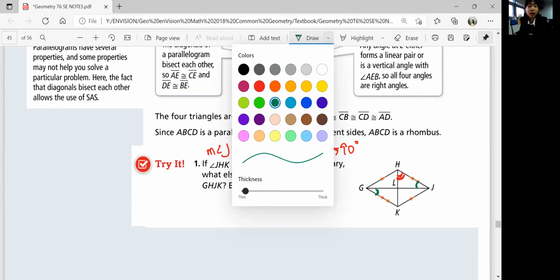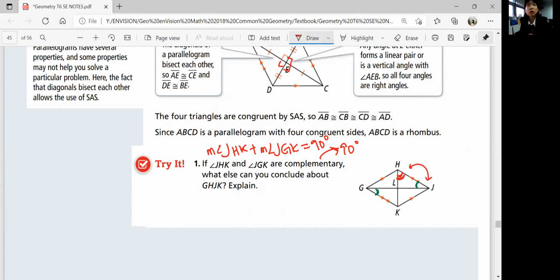So JHK and HJG are also complementary. Yeah, so these two are also complementary. And using the triangle angle sum theorem, you can figure out that HLJ must be a right angle because if they're complementary, they're 90 degrees.